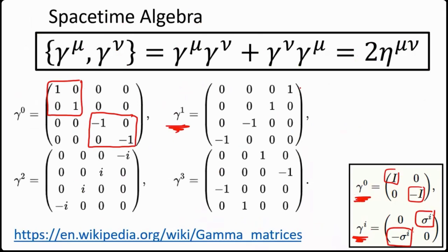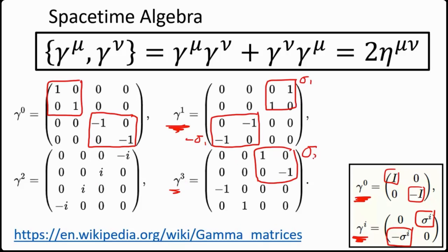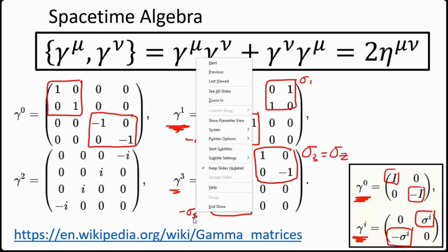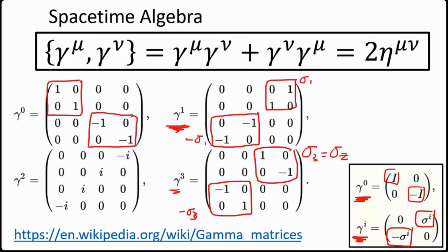So for example, with gamma 1, this is sigma 1 here, and this is negative sigma 1. And for gamma 3, that's just the third, sigma 3 or sigma z, and then this is just the negative. Okay, so that's sort of the traditional approach to the Dirac equation.